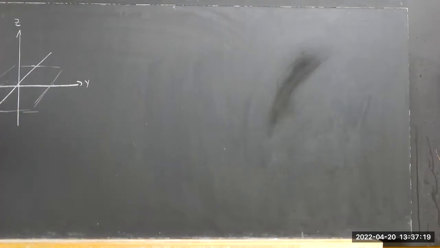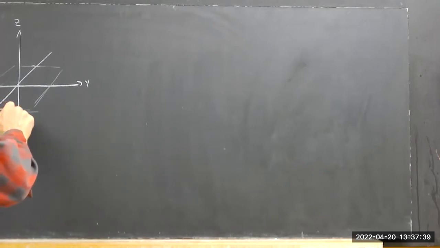Your loop has to be parallel to the sides of the rectangle along the coordinate axes. So you have the loop going in this direction, and it curves around to where it becomes tangent to the rectangle, or the square actually in this case.